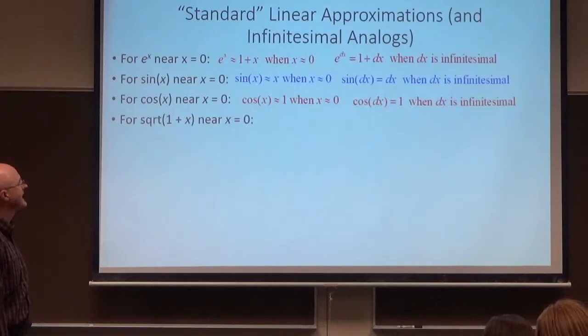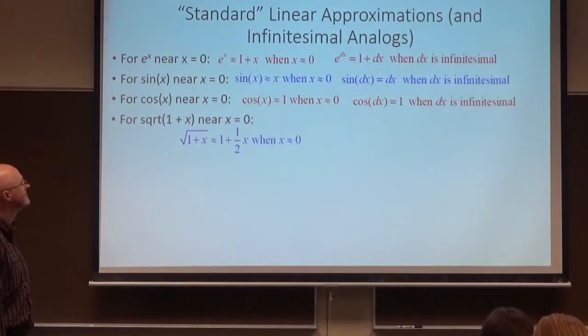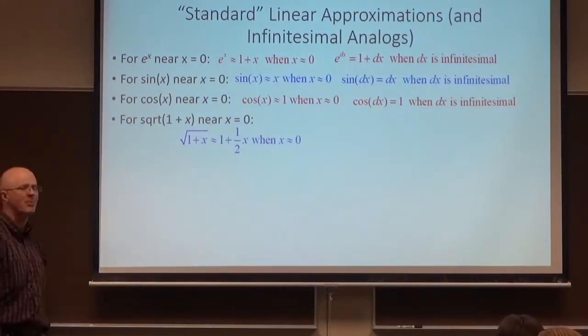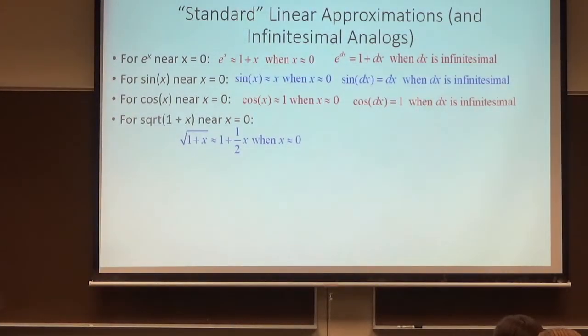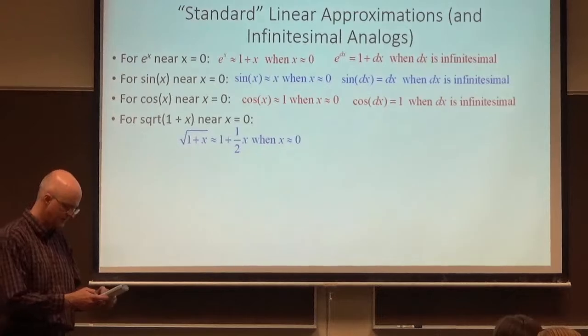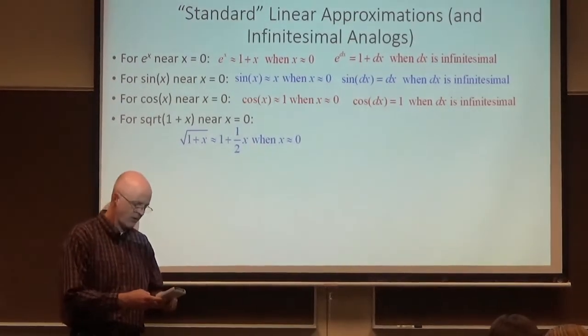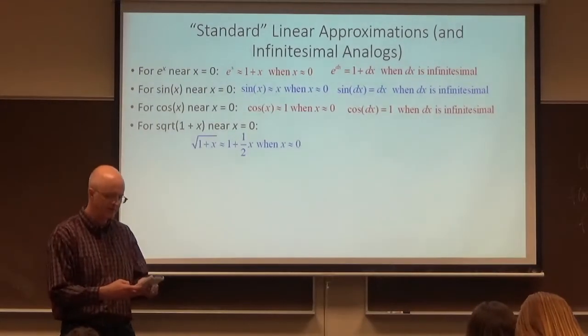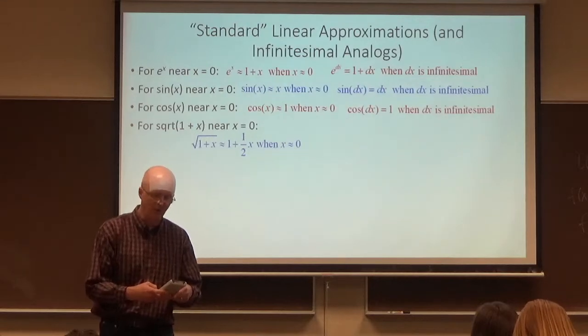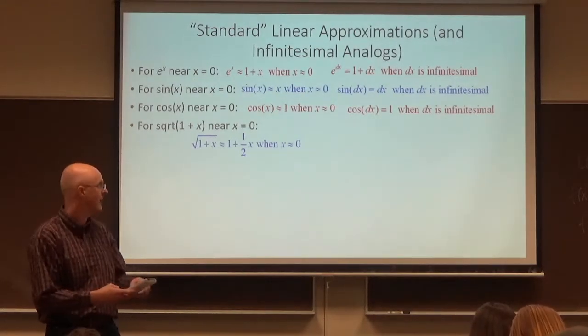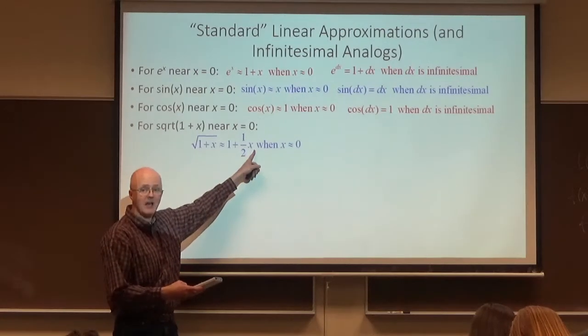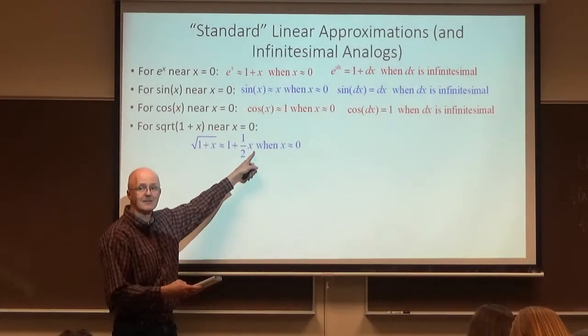Square root of 1 plus x is approximately 1 plus 1/2 x. Give it a try. Try taking the square root of 1.1. Get your calculator out and try it. It's about 1.05. Pretty close. 1 plus 1/2 times 0.1 is what I'm getting at.